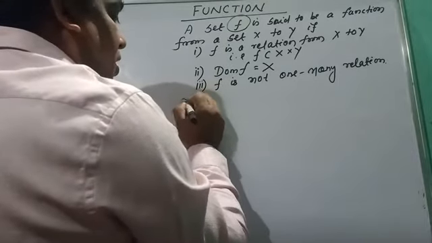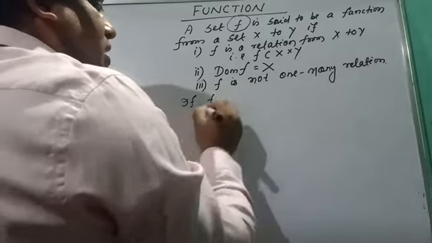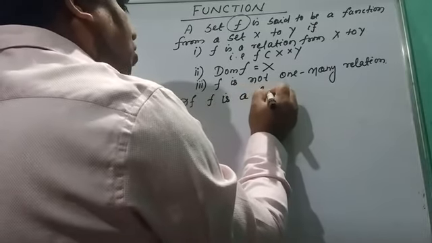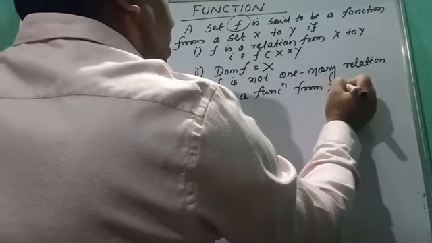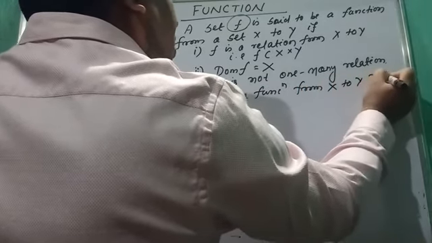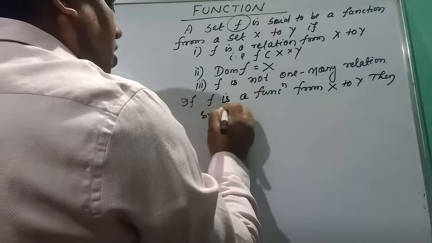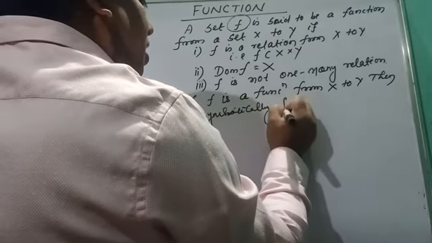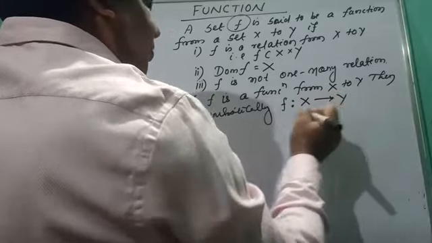So if F is a function from X to Y, then symbolically we can write F from X to Y.